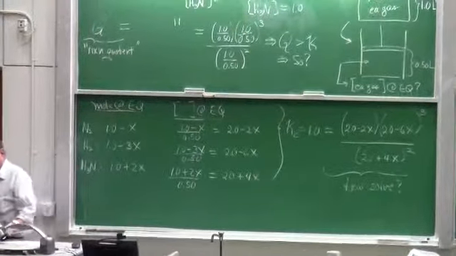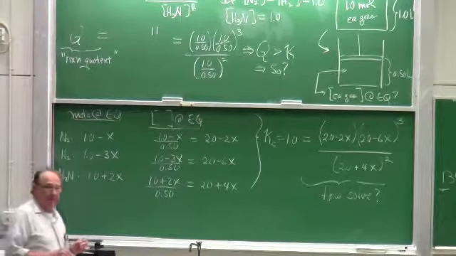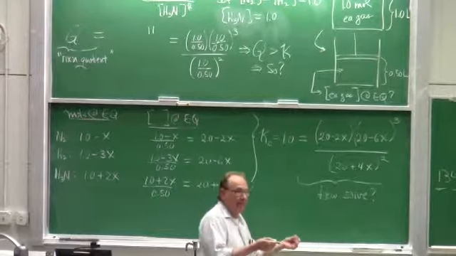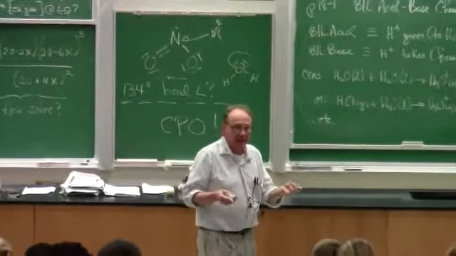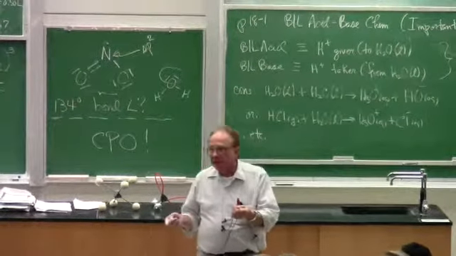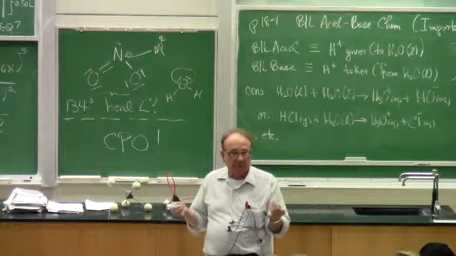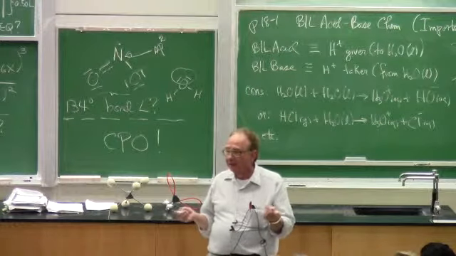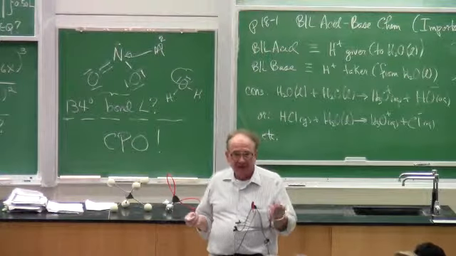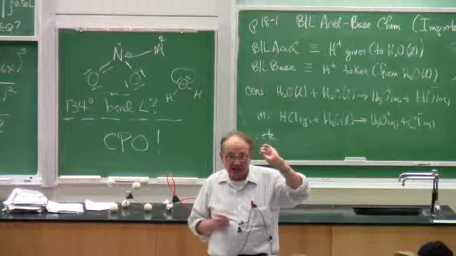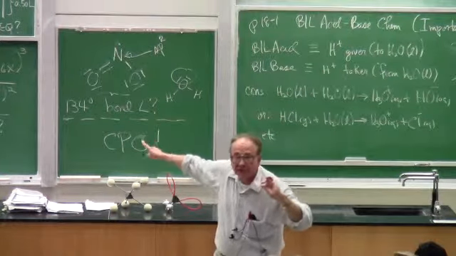So, next directive. At this point, I have to tackle the problem algebraically. The rule of the road for tackling any such equilibrium problem algebraically, or to put it from an ICE table standpoint, to get at the C part, the change part, is to use the equation for the reaction as your algebra guide.